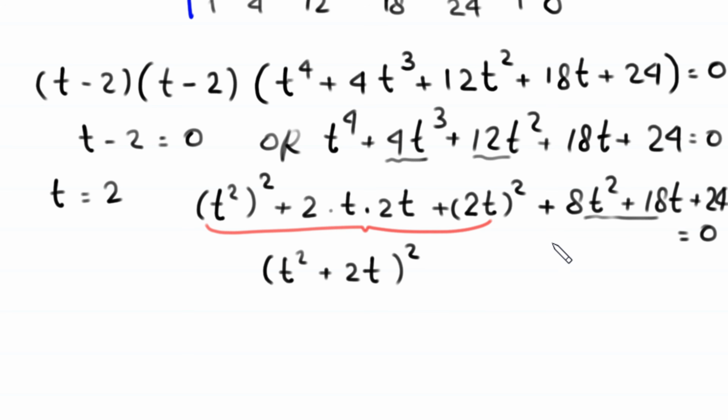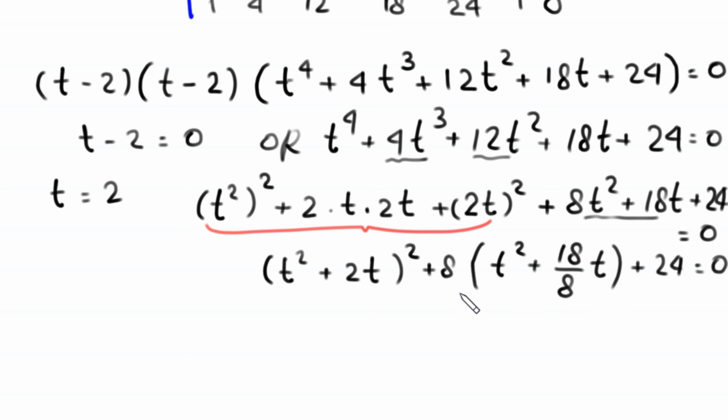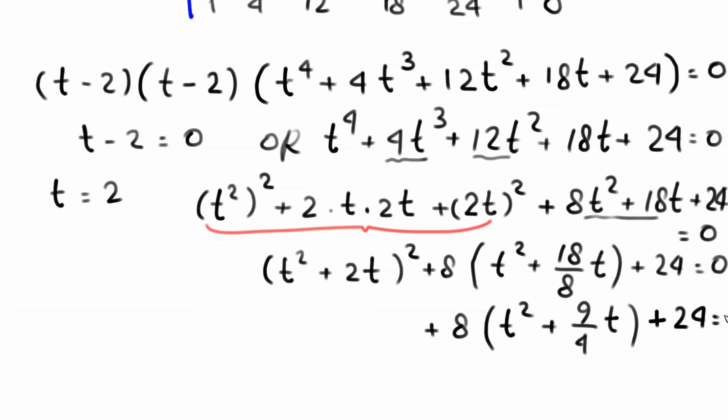From these two terms we can factor out plus 8 in bracket, left t squared plus 18 over 8 times t, plus 24 equal to 0. This simplifies to plus 8 times t squared plus 9 over 4 times t plus 24 equal to 0.